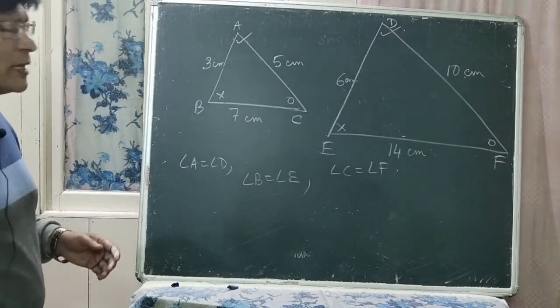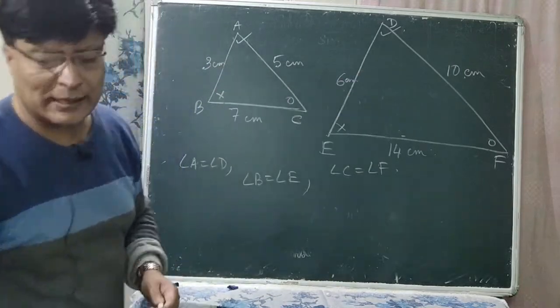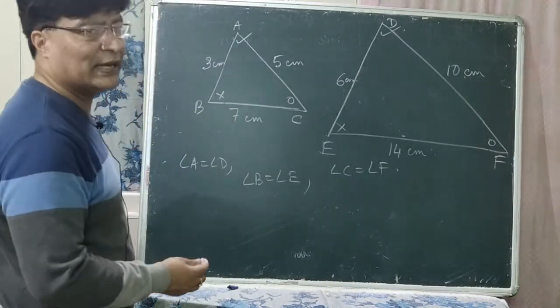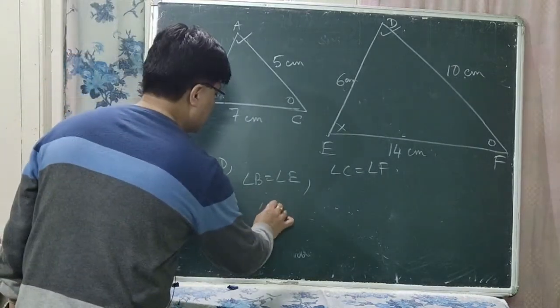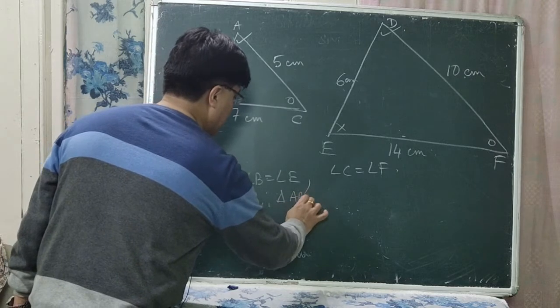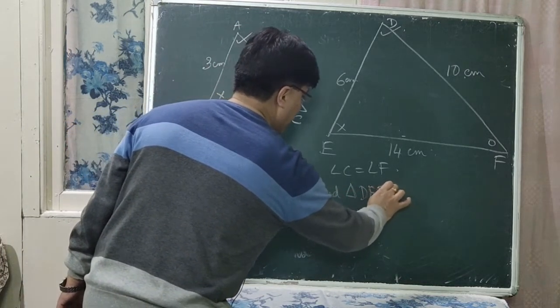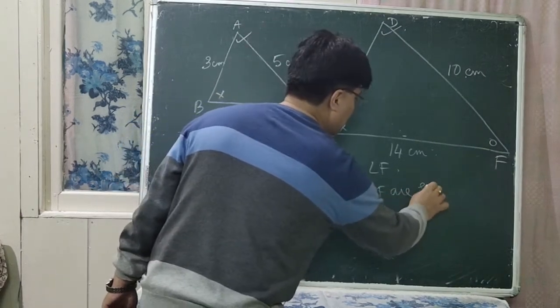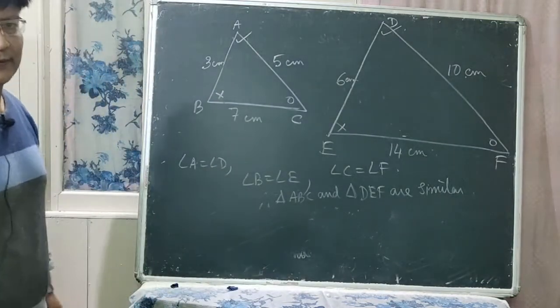If their corresponding angles are equal, then these two triangles are similar. That is, triangle ABC and triangle DEF are similar to each other, right? They are of similar type.